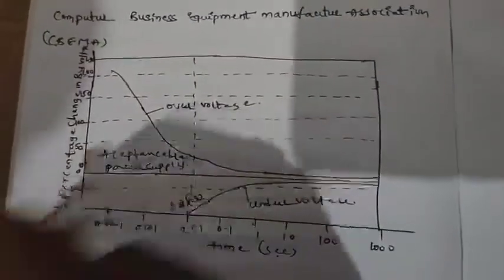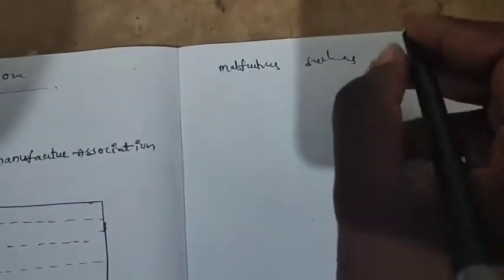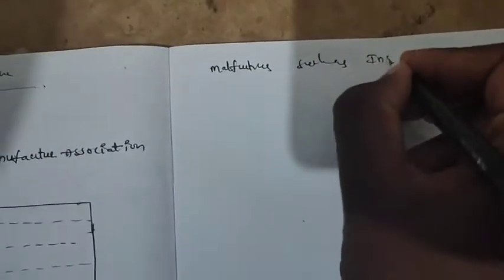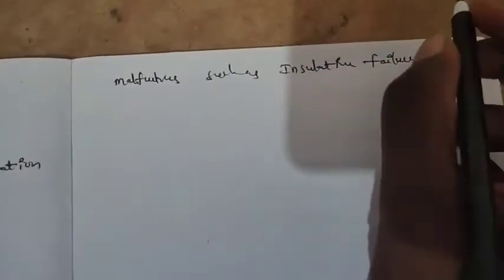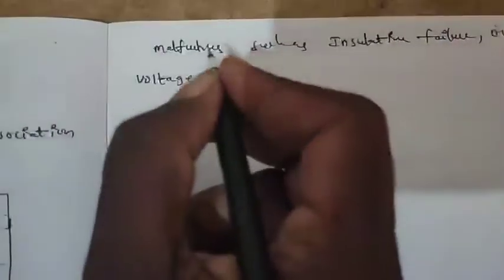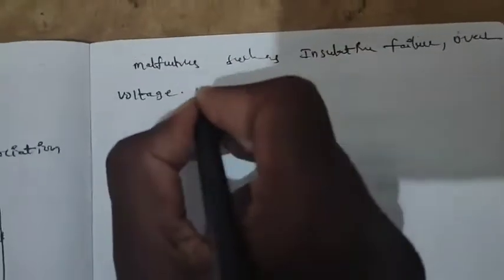If the voltage is over the limit, during this time this voltage appears on the equipment, and it may cause malfunctions such as insulation failure, over voltage, and over excitation.